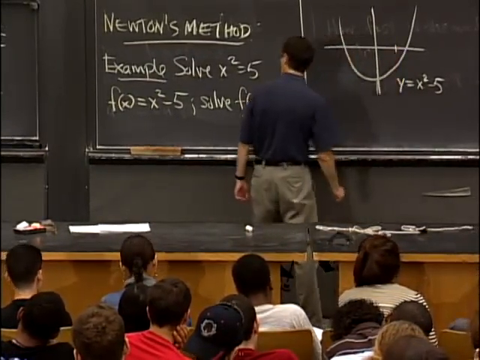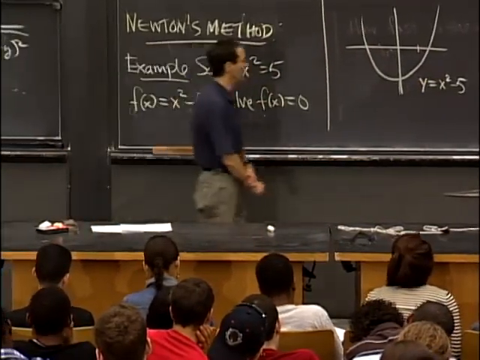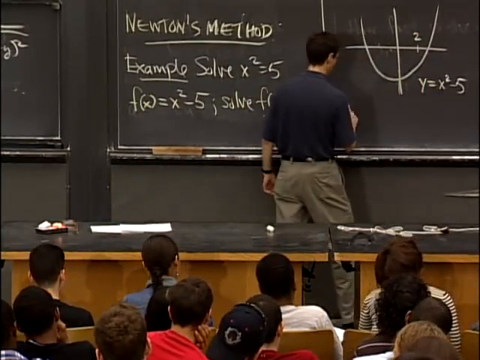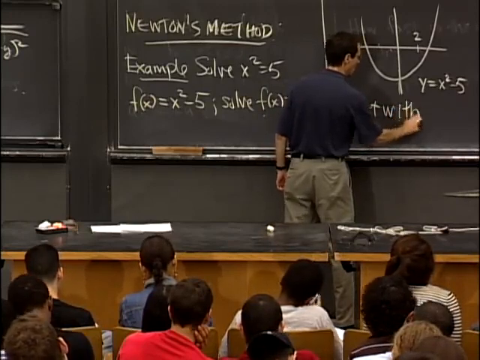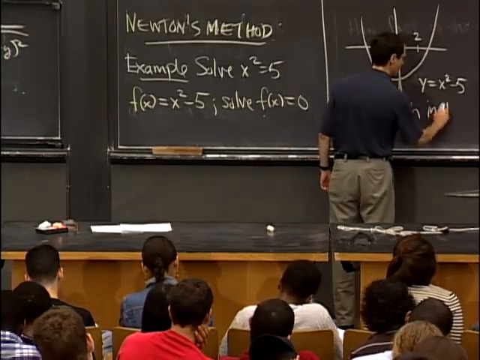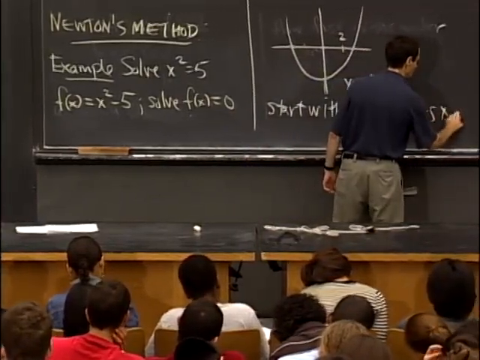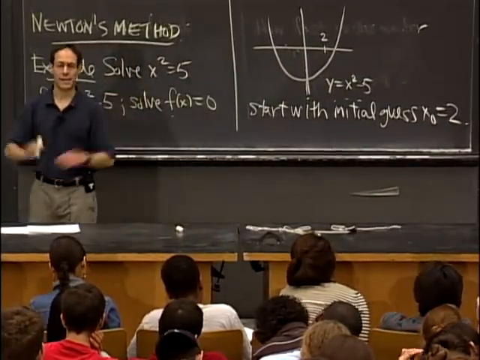And the square root of 5 is pretty close to the square root of 4, which is 2. So my first guess is going to be 2 here. So start with an initial guess. All right? So that's our first guess.